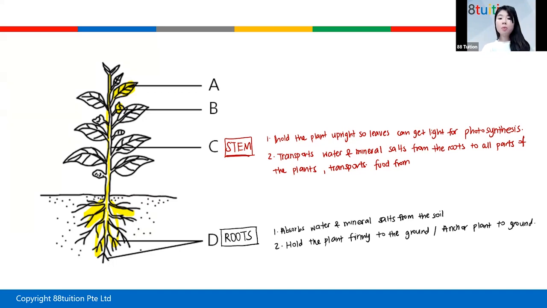One thing, I'm asking you a question. From where to where? Where is the food made? Basic information. I taught this last week. Leaves. From where? I can't hear you.